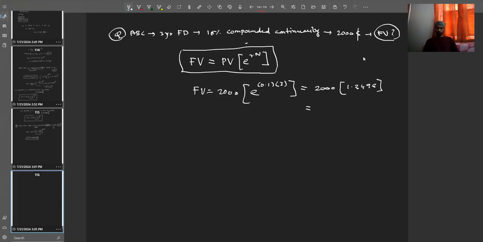This is equal to 2699.7. Right, friends? So in case of periodicity, what can happen? We can compound annually. We can compound half yearly.